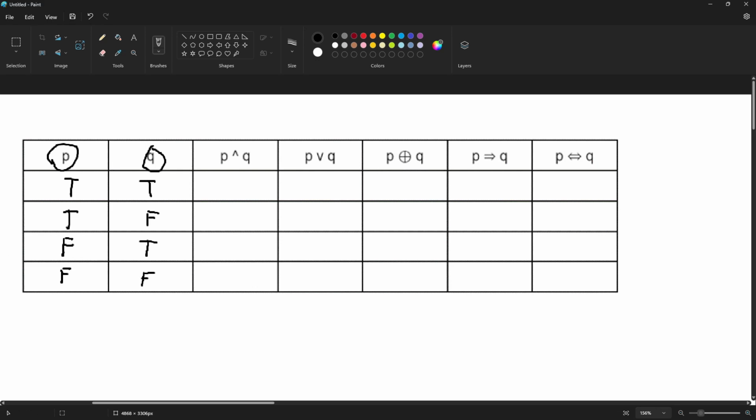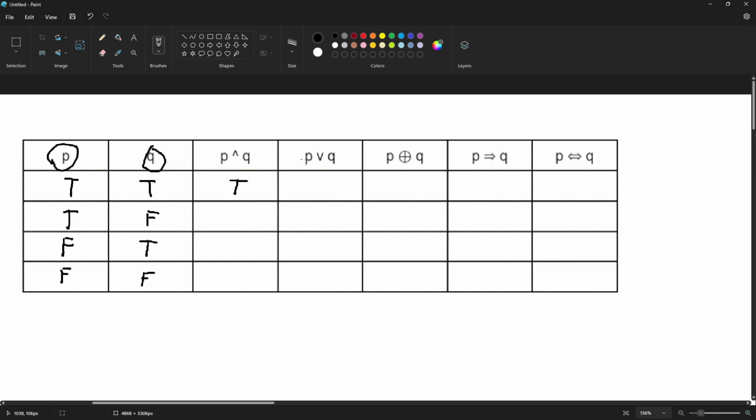After plotting, we are now ready to fill up the table. But I will only be filling up the first row just to show you how it's done. So, P and Q: since P is true and Q is also true, therefore it will be true.